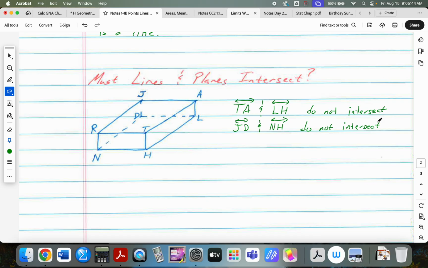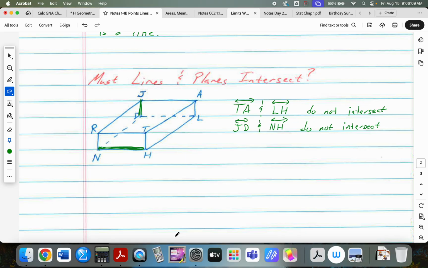So you have to realize this is a three-dimensional diagram. This is like a box. NH is at the bottom on the front. JD is going up and down in the back. Even though those keep going, one in the front will look like this, the one in the back will look like this. Are they ever going to intersect each other?